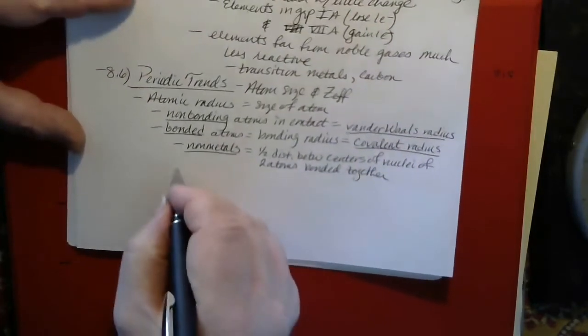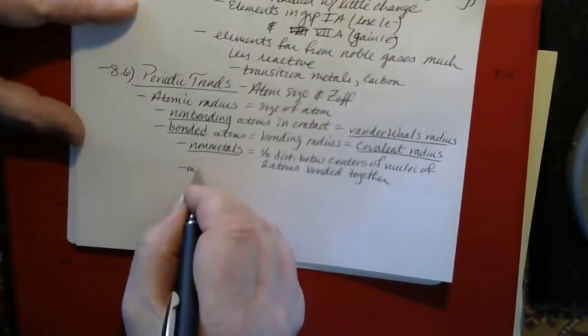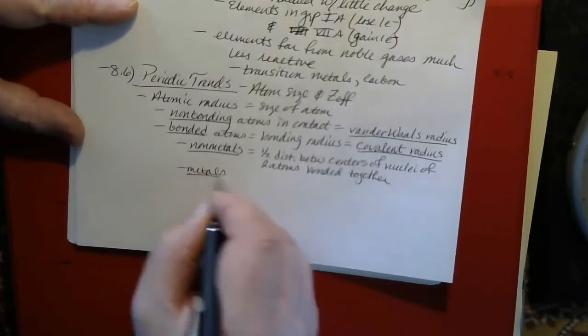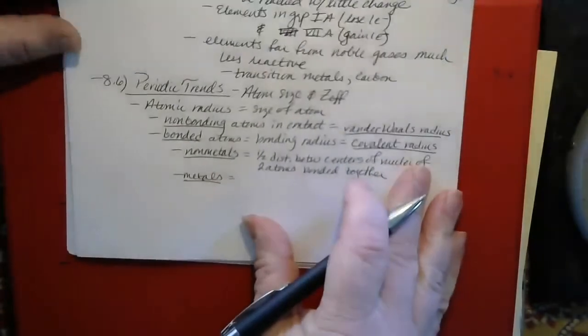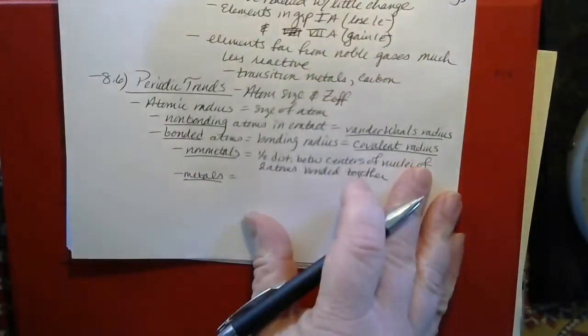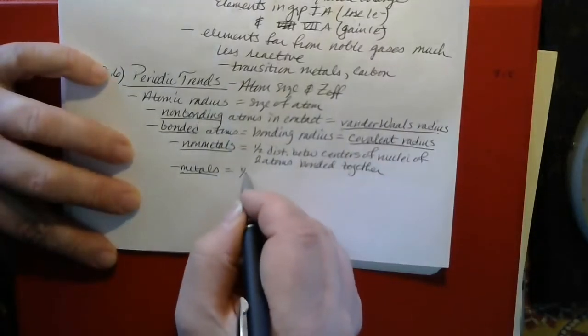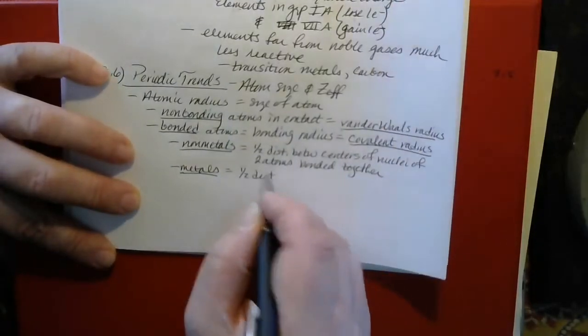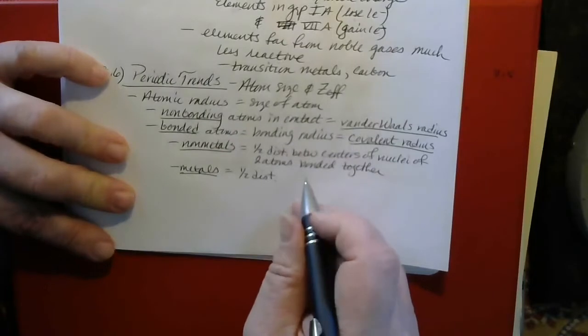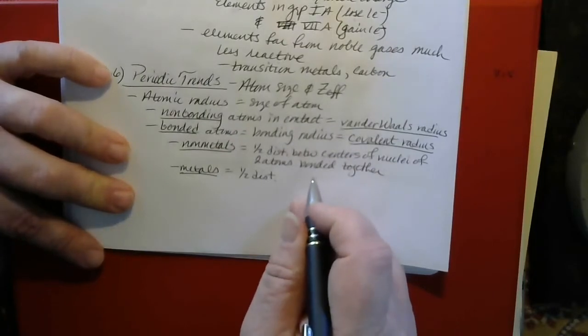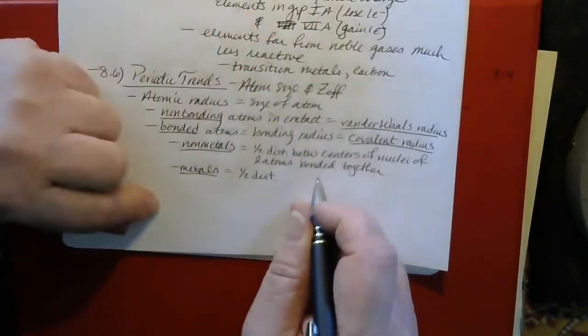Okay, for metals, that is just a pure metal, not bonded to a non-metal, but metals that are just like a chunk of metal, it's going to be half the distance between the center of the nuclei of two atoms that are adjacent in a crystal.